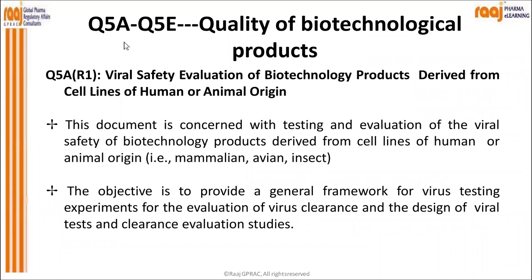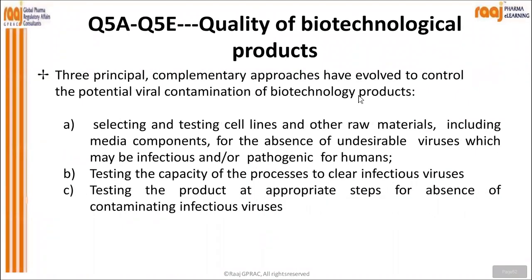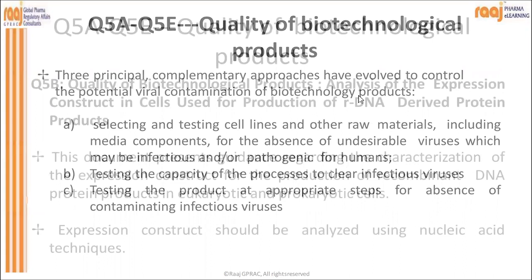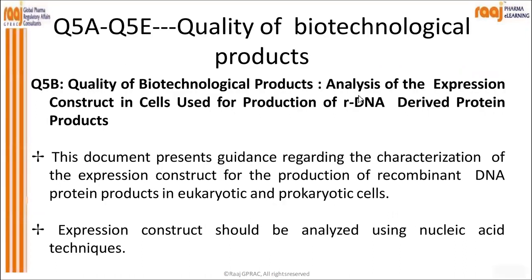Then come to ICH Q5. Q5 is again divided into Q5A to Q5E. Q5A talks about viral safety evaluation of biotech products. Then the quality of biotech products, analysis of the expression construct in cells used for rDNA.